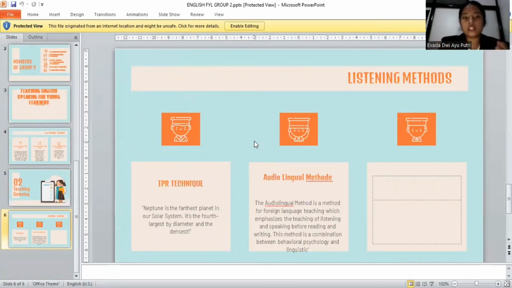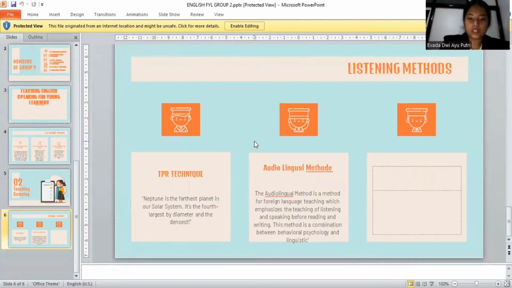The first method is the TPR technique. So what is TPR technique? TPR, or total physical response, is one method that can be applied by using gesture to interpret words.